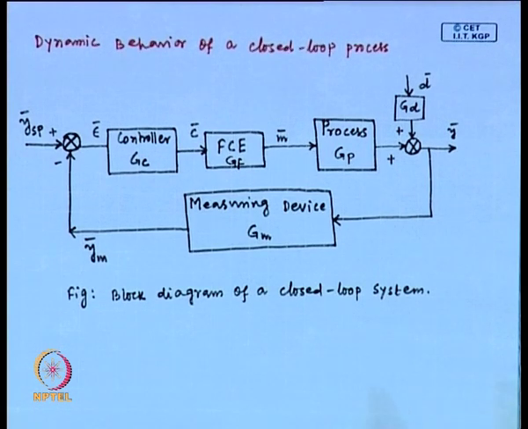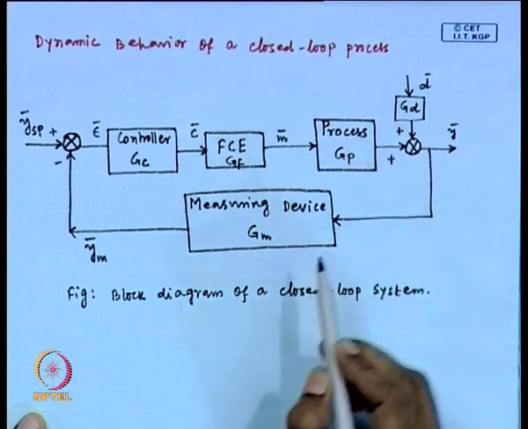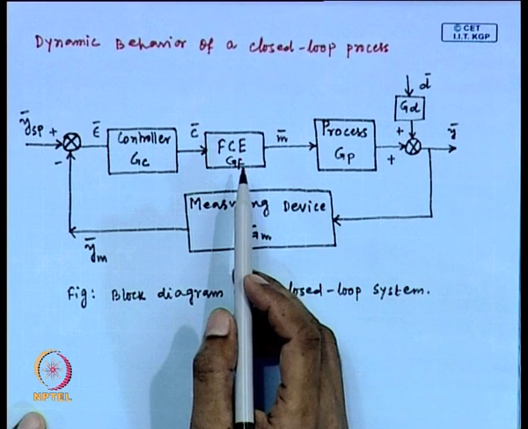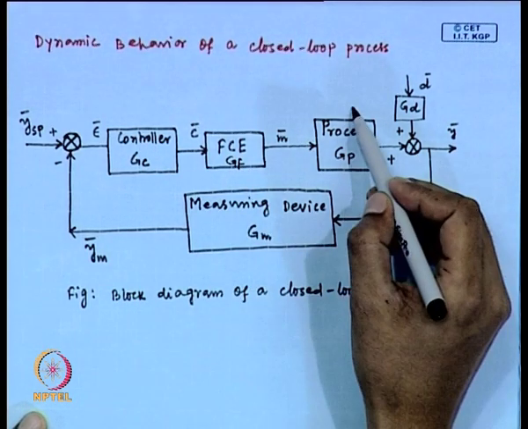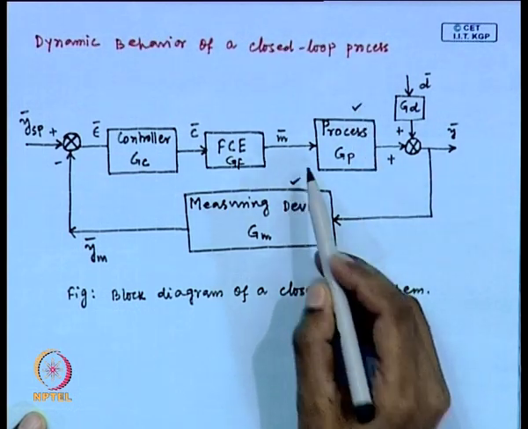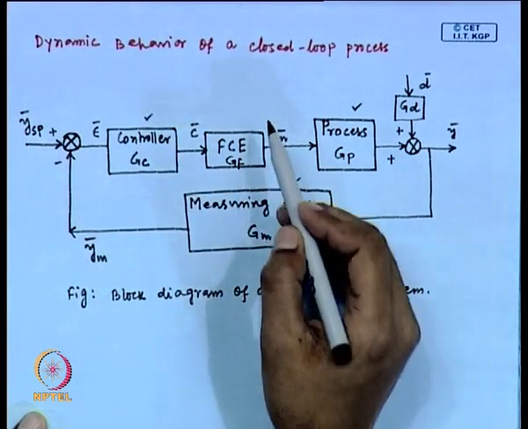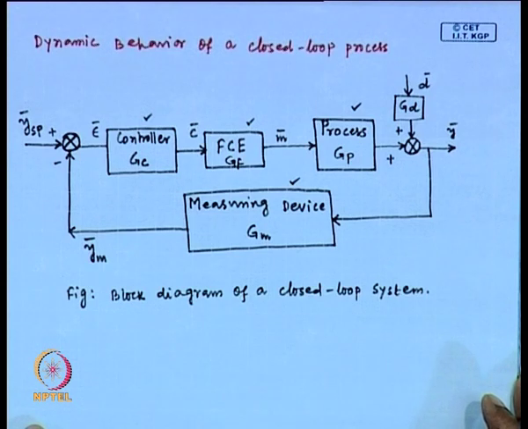Now, we will discuss different elements of this closed loop transfer function. Different elements are process, measuring device, controller, final control element. These are the different elements of this closed loop process, and we will try to represent these elements by mathematical forms.